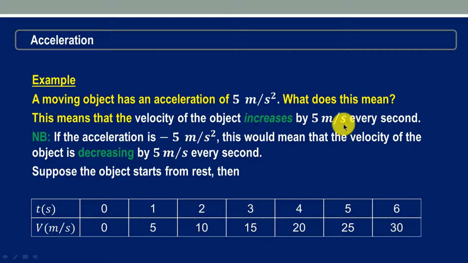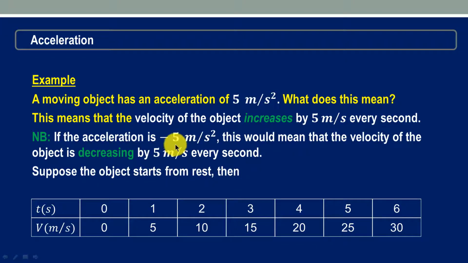The rate at which it is increasing is 5 meters per second every second. I hope this one is very clear, because it is very, very important that you understand, when you're given a certain acceleration, what that means.